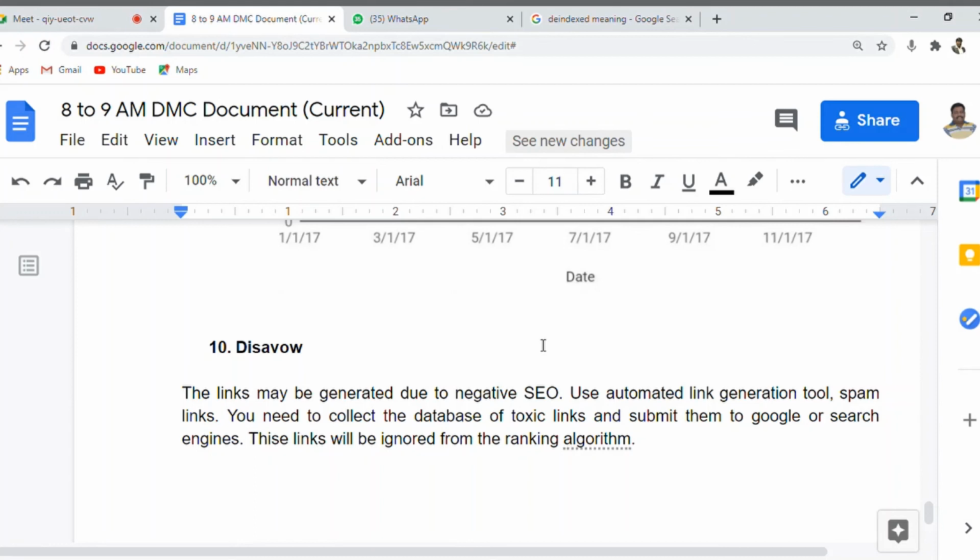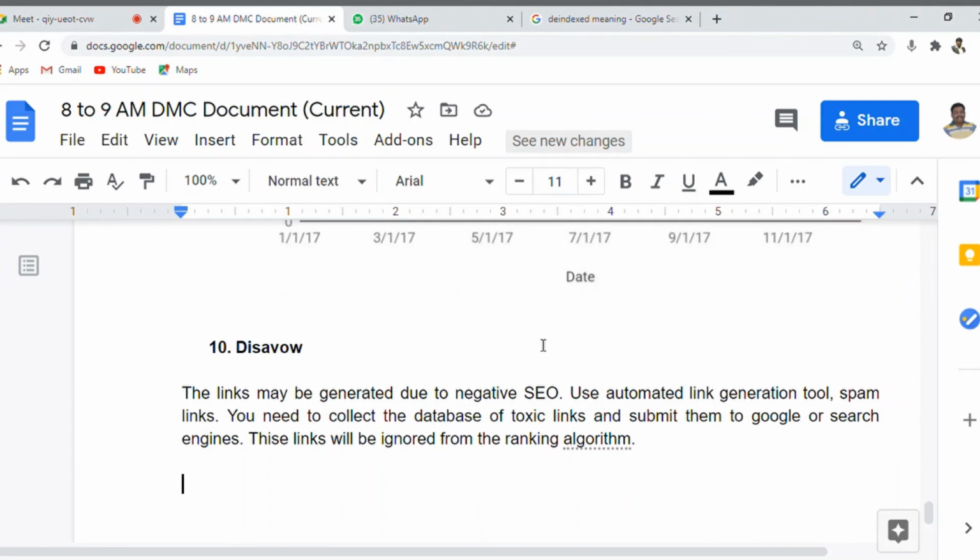In recent times, Google has upgraded its algorithm to such an extent that if irrelevant, spammy, toxic links are generated to your website due to negative SEO or any other automation practices, Google is going to ignore those links by default.